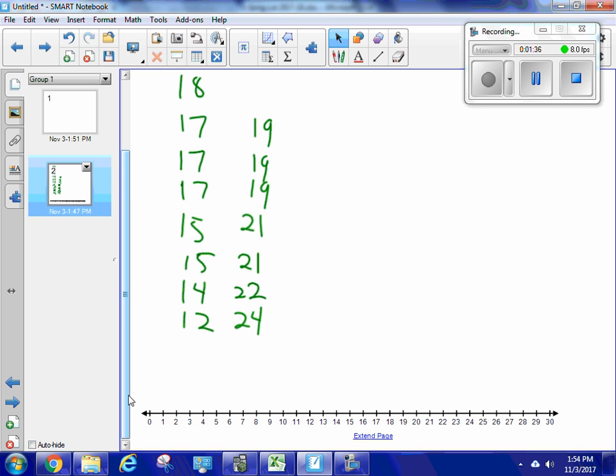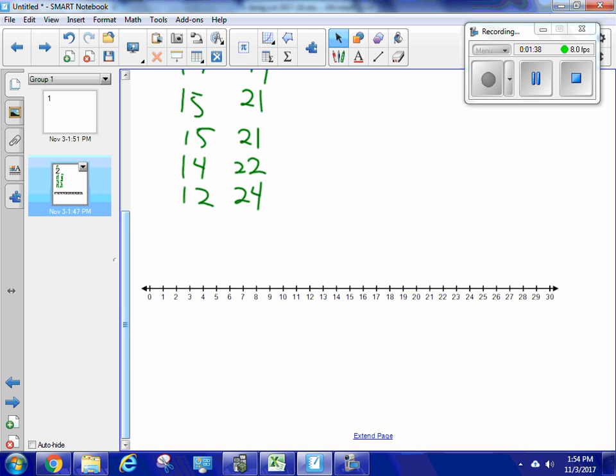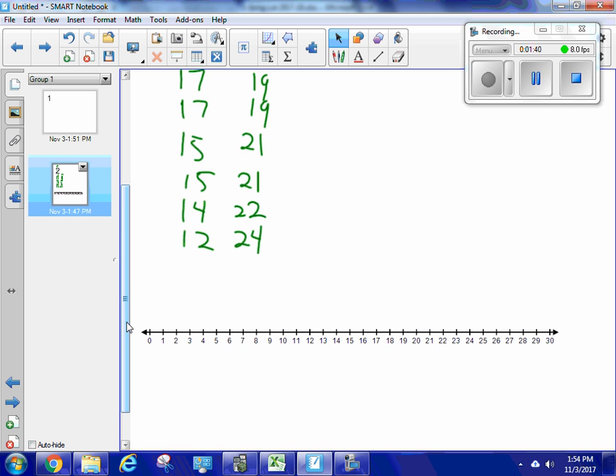So you can see down here at the bottom, I have what looks like a number line. And I'm going to make my x-axis, that's my x-axis, and I'm going to call this number of M&Ms in a pack.